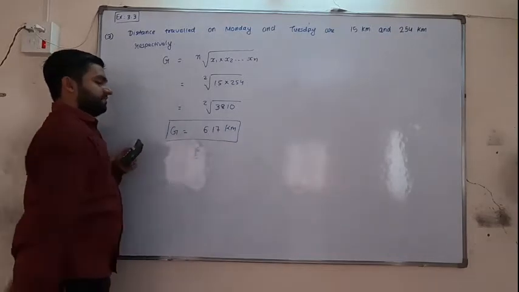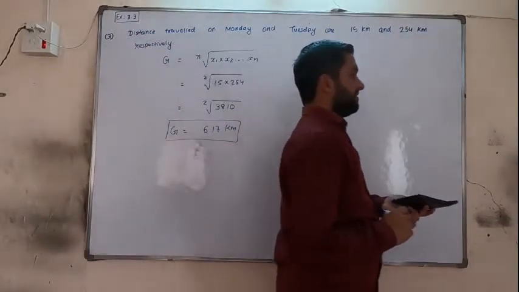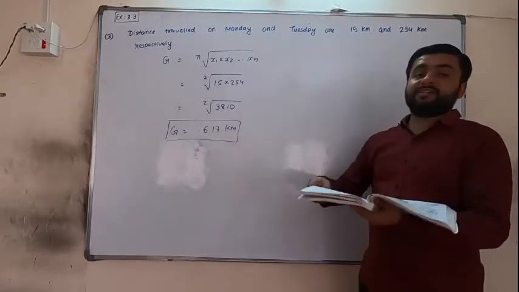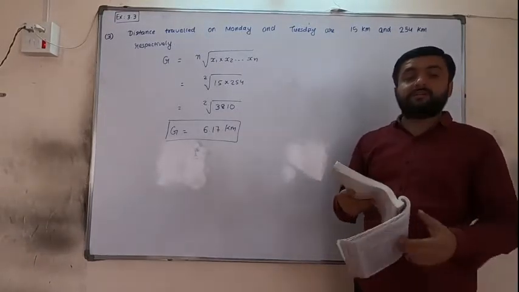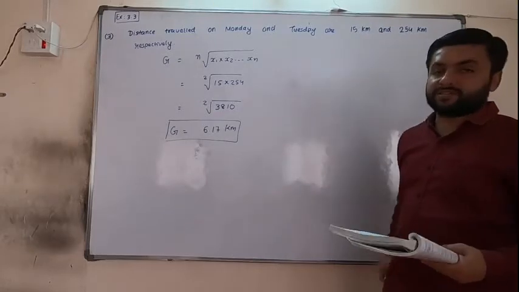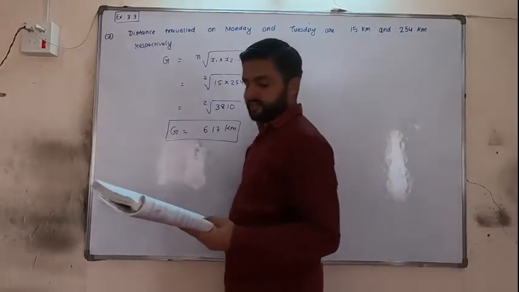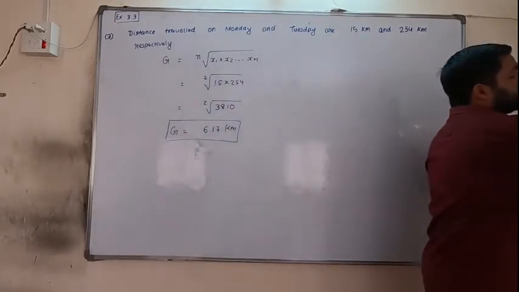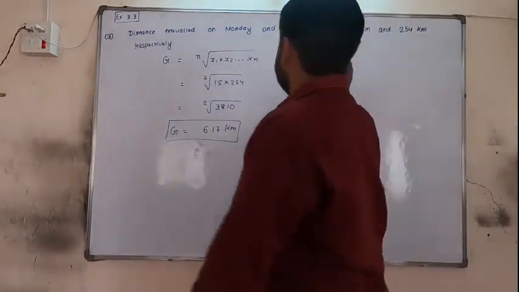The answer is very simple. Along with this, the 3 sums of exercise 3.3 and the 3 sums of the illustrations we will also solve. So illustration 14 is completed. Now 15 and 16 also, because these are questions not given in the exercise, so we have to do them compulsorily. Now we are going for illustration 15.